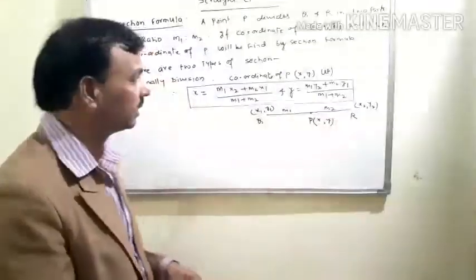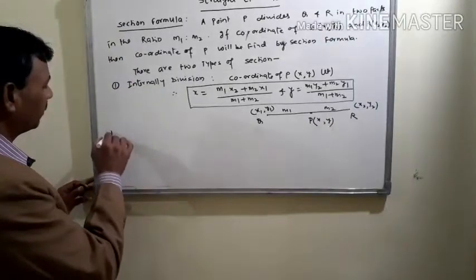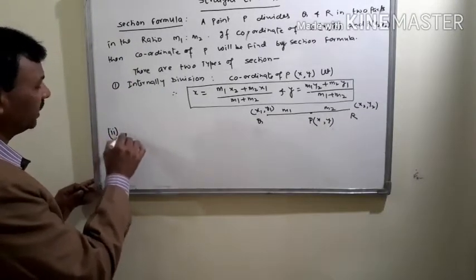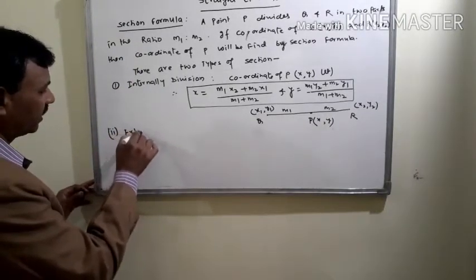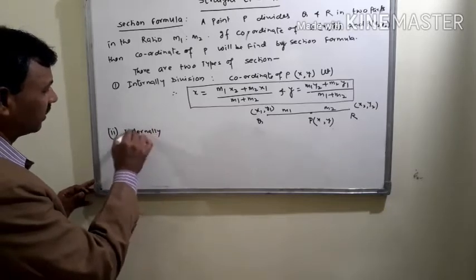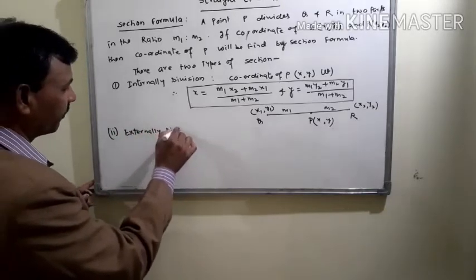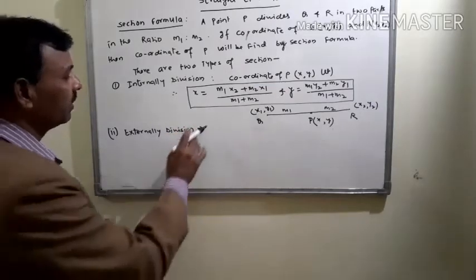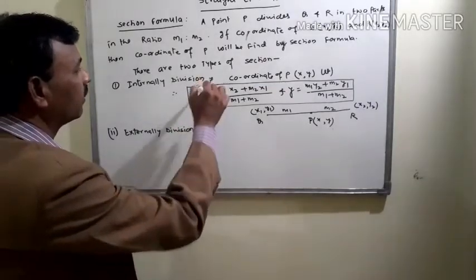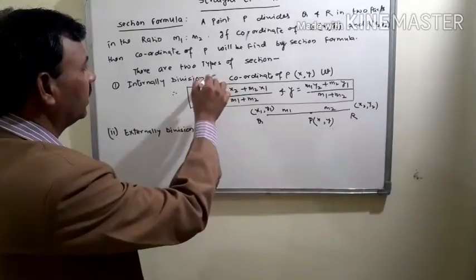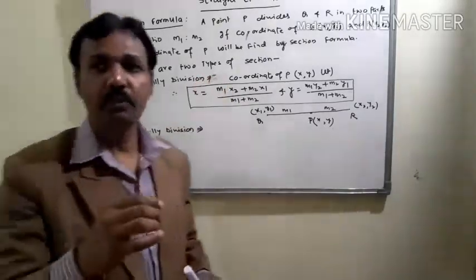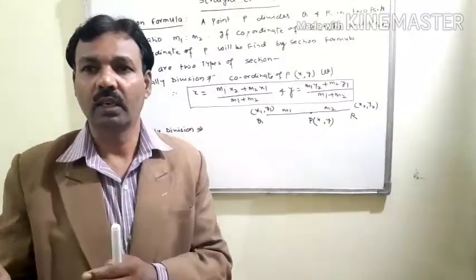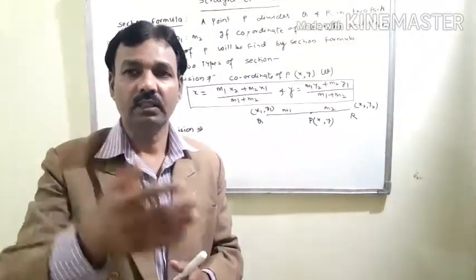Now we will discuss next type, means externally division. In the externally division, P point divides the Q and R externally.